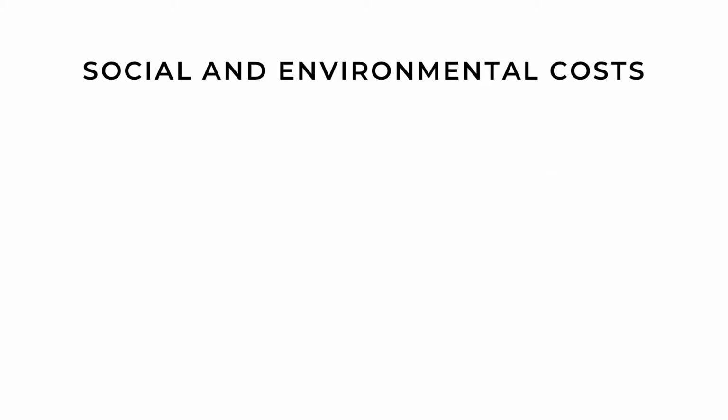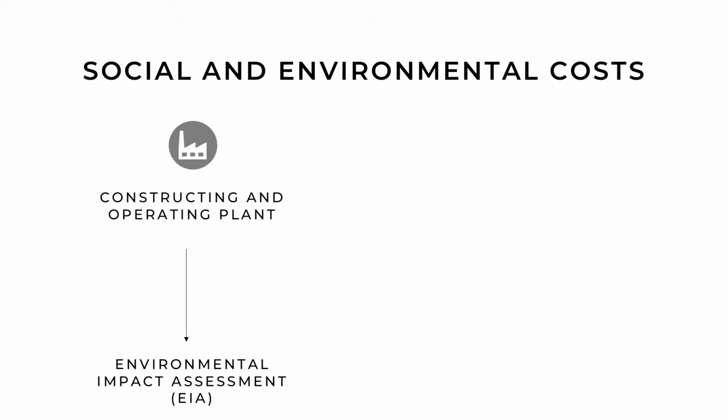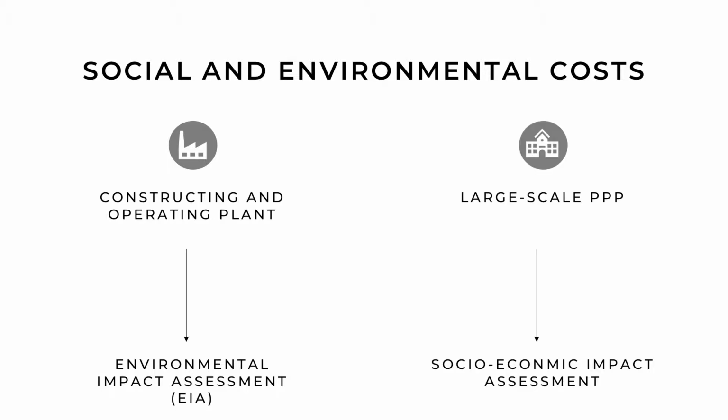In many countries, you are also obliged to do an environmental impact assessment, EIA, before constructing your plant and operating it. If you're engaging in a large-scale PPP made up of governmental and private sector entities, you're also likely obliged to do a socio-economic impact assessment.